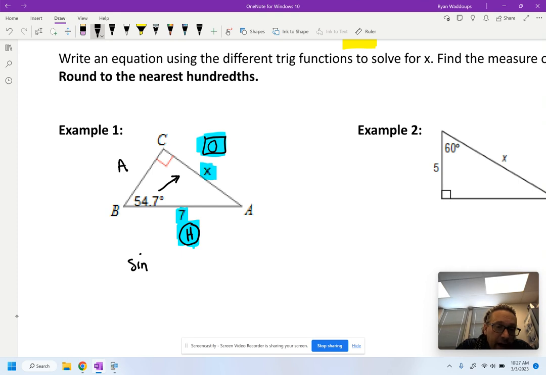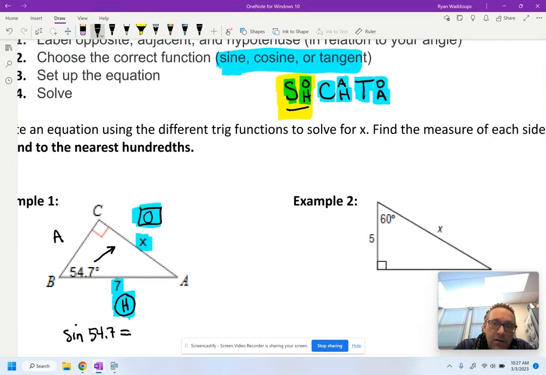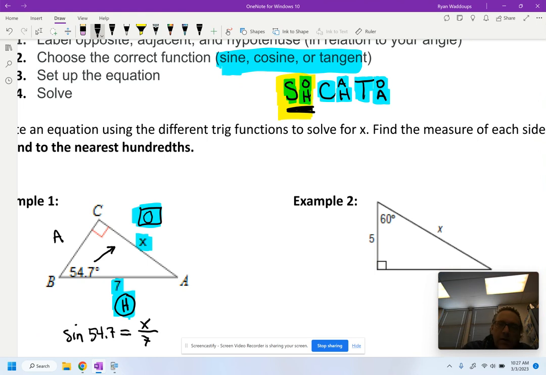If you don't know the angle, then you use a variable like x, y, b, c, or theta. So I've got the sine of 54.7 degrees is equal to the opposite over the hypotenuse. And the opposite is x, and the hypotenuse is 7.